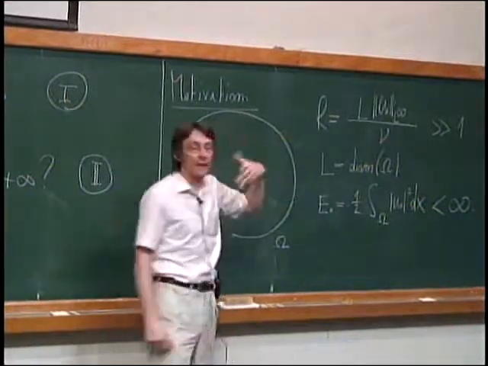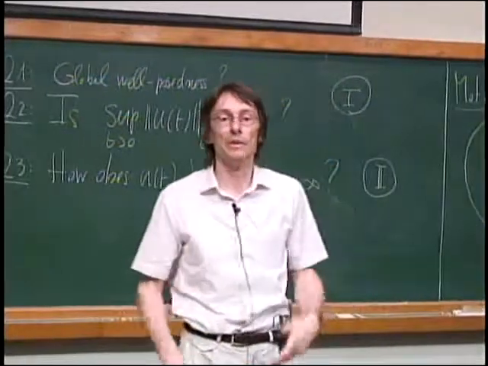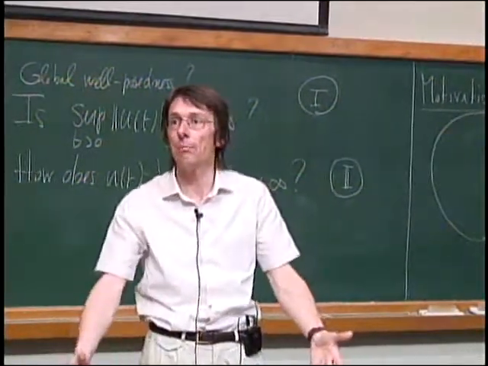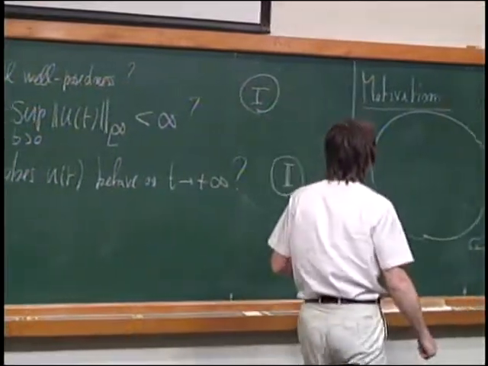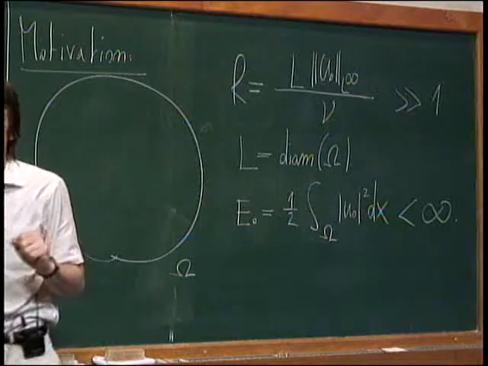So the long-time asymptotics are completely boring. You just go to 0. There is an asymptotic laminar regime where nothing interesting happens, but all the interesting dynamics is during the transients. And this is, of course, much more difficult to describe.